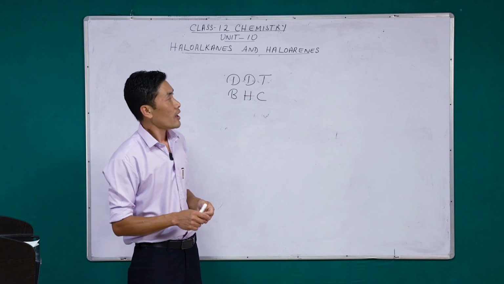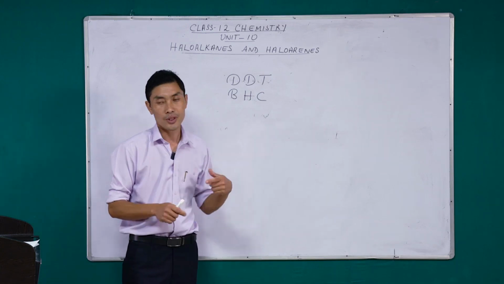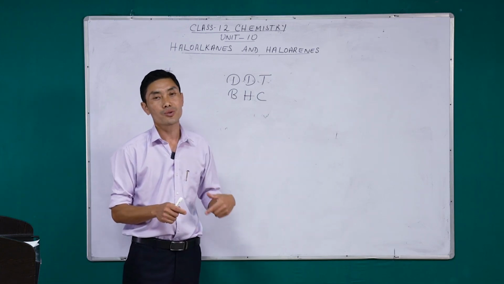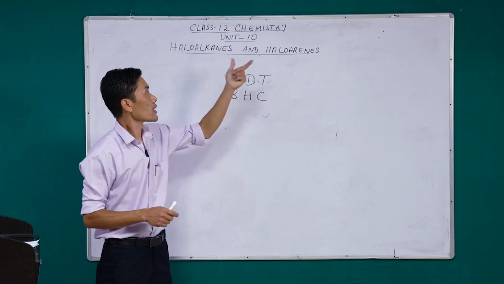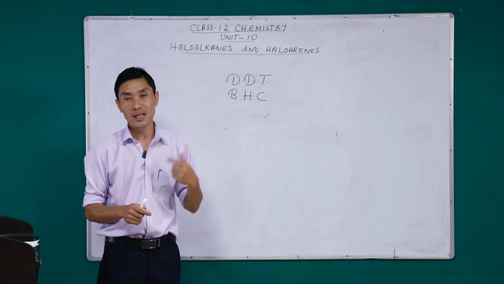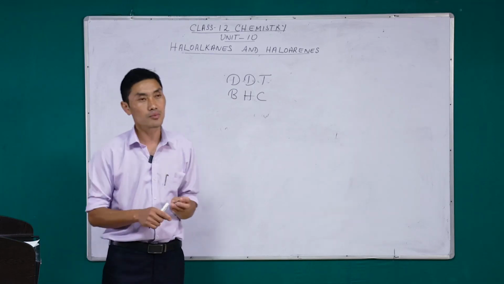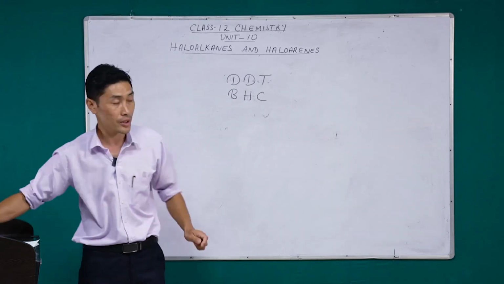Now, having understood this, let us go into how these haloalkanes and haloarenes can be classified. What are the different types of haloalkanes and haloarenes?